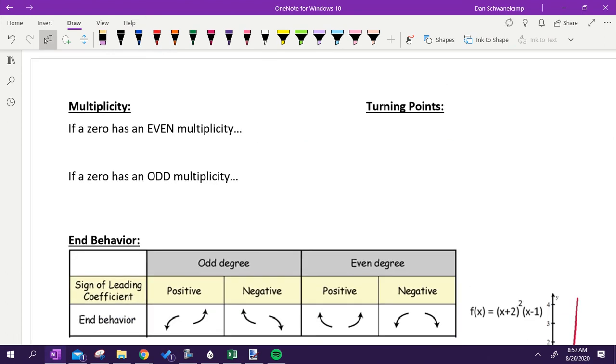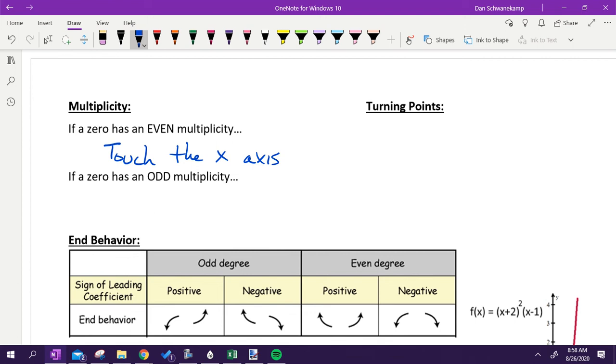The phrase you probably haven't heard in math class before is multiplicity. Multiplicity means how many times does each root occur. So if a 0 has an even multiplicity, we are going to touch the x-axis.